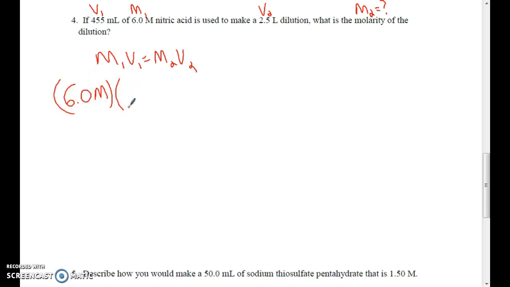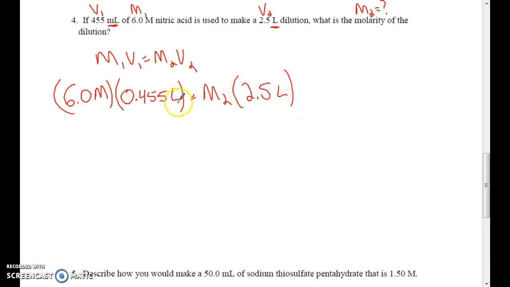V1 is 455 milliliters, but I'm going to convert that one to liters because we need the units to be the same, milliliters and liters. M2 is what we're looking for, and the other volume is 2.5 liters.